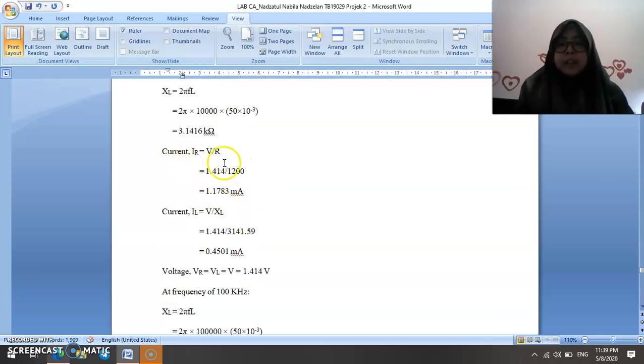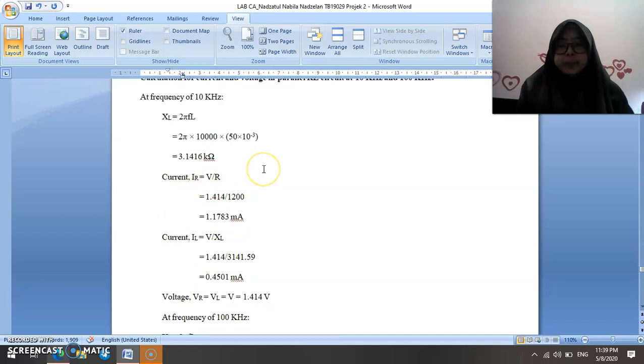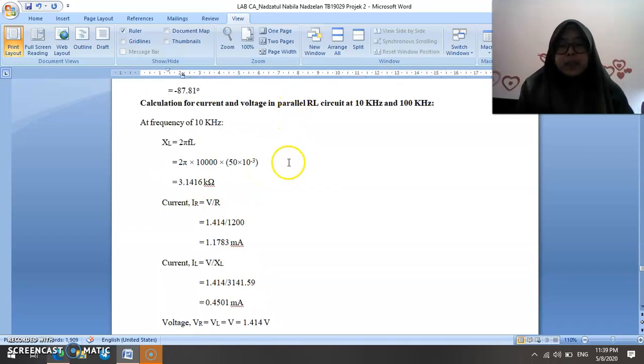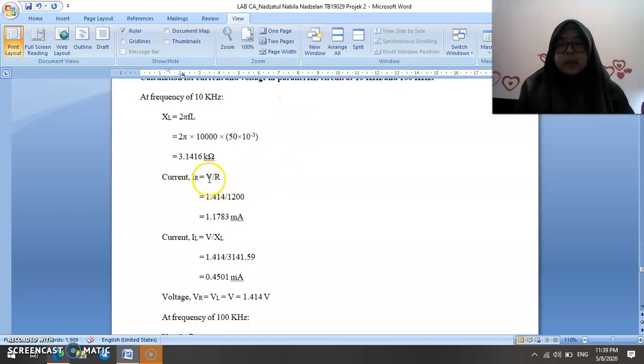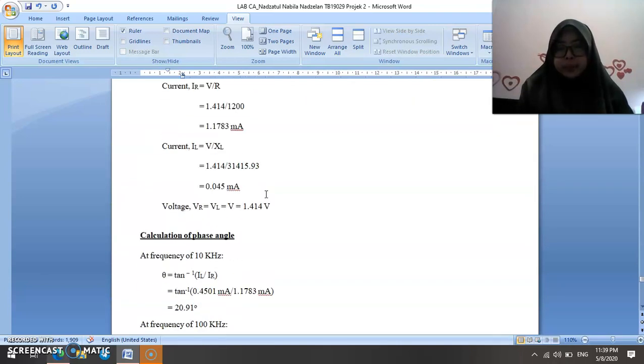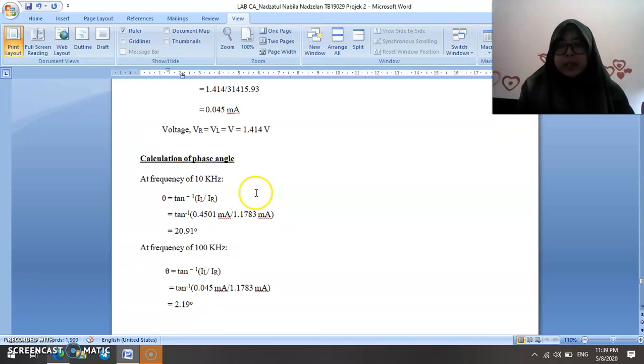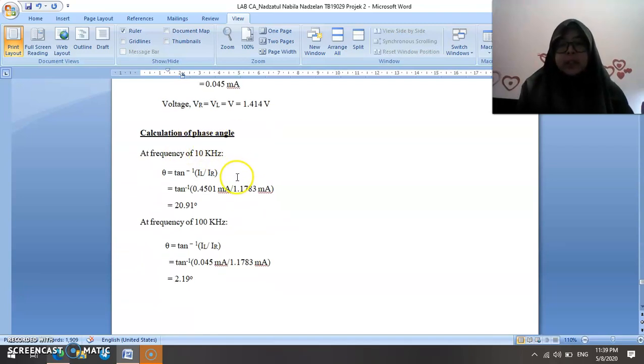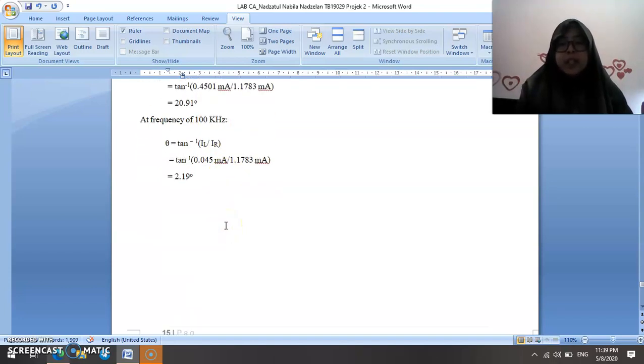The current at the resistor in the parallel circuit is equal to V divided by R, meanwhile the current at the inductor is equal to V divided by XL. This is the calculation of phase angle for the parallel circuit for 10 kHz and 100 kHz frequencies.